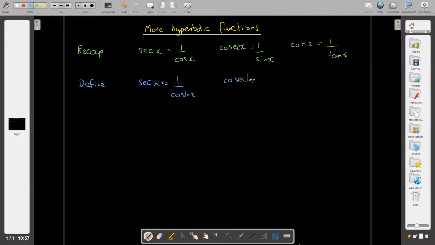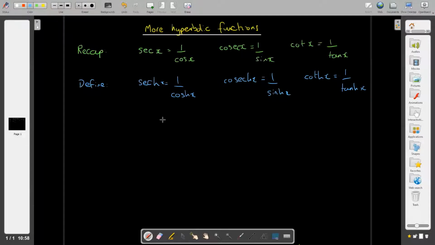That would be 1 over hyperbolic sine. And coth, C-O-T-H, coth x is going to be 1 over hyperbolic tangent x. Those are the definitions that we're going to think about.